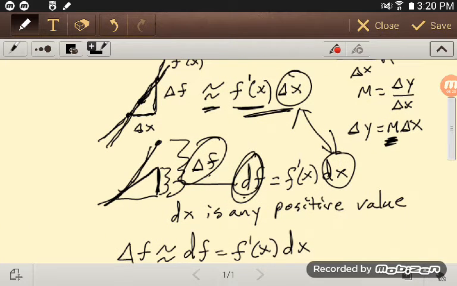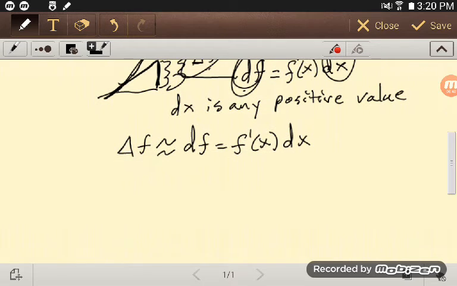Of course, if we zoom in close enough and make dx or delta x small enough, then this quantity here and that quantity there are going to be very, very close. In the limit, they're going to be the same thing. Actually, in the limit they all become zero, I guess.